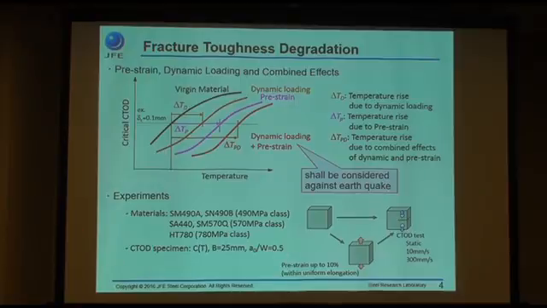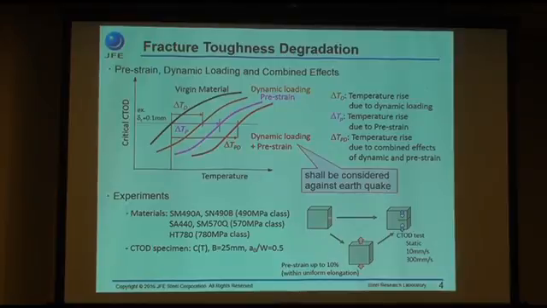We conducted experiments on 5 kinds of steel with strength from 490 to 780, and conducted a huge number of CTOD tests using this specimen size.